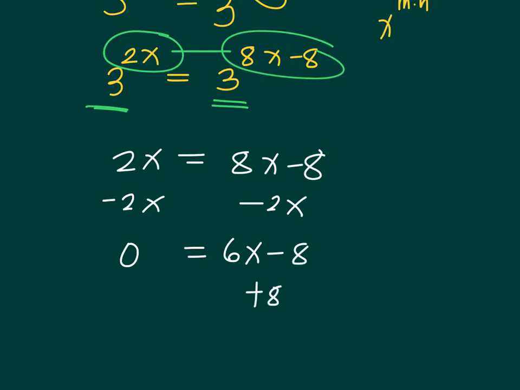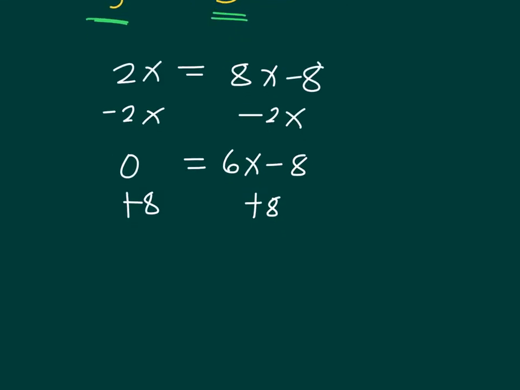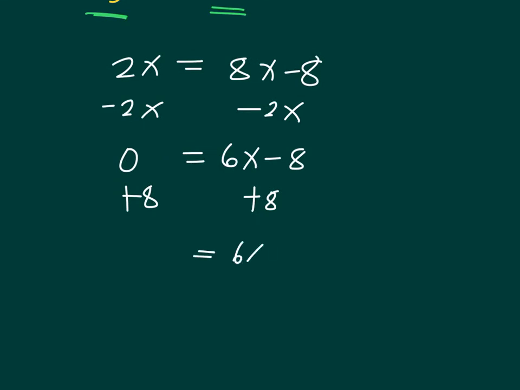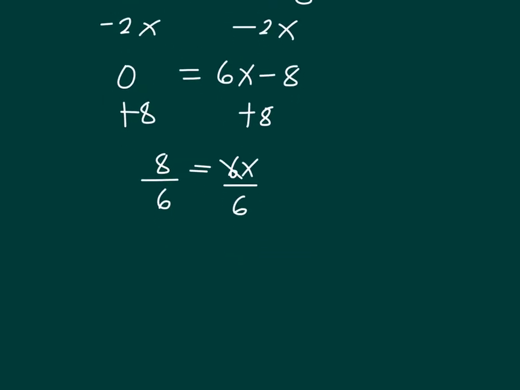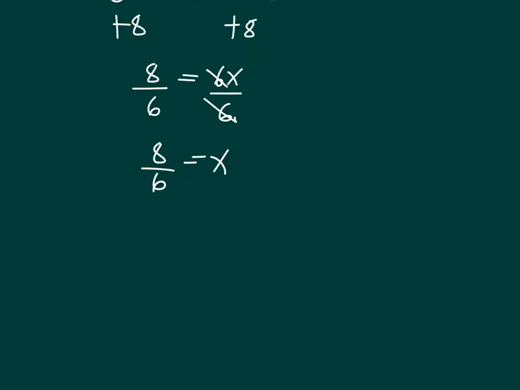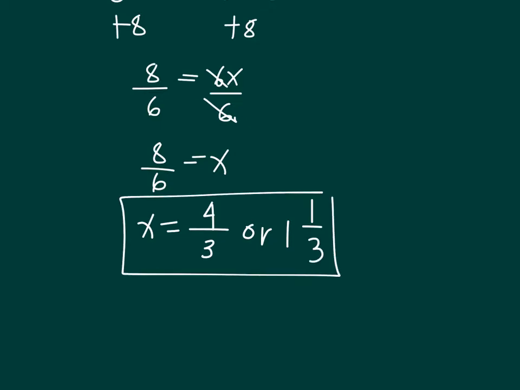Adding both sides by 8, this is equal to 6x equals 8. And finally, dividing both sides by 6, cancel 6, and x is equal to 8 over 6. If you reduce 8 over 6, it is equal to 4 over 3, or 1 and 1/3. So this is the x that we need.